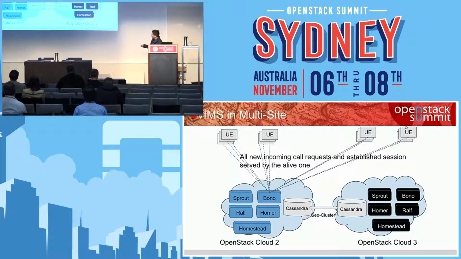OpenStack Cloud 2 is in one site and OpenStack Cloud SD in another site. So it's not available, it's blacked out. So all the requests go to OpenStack Cloud 2?